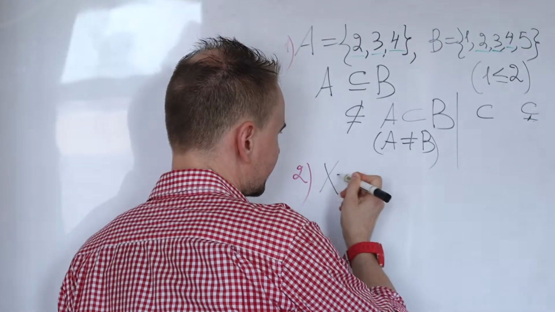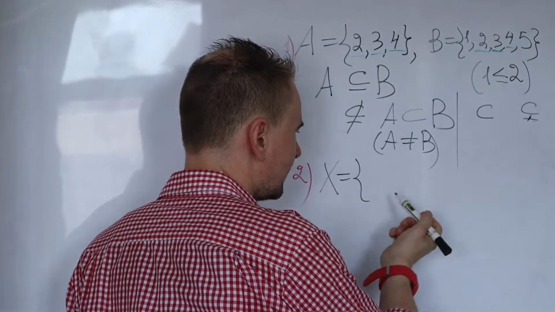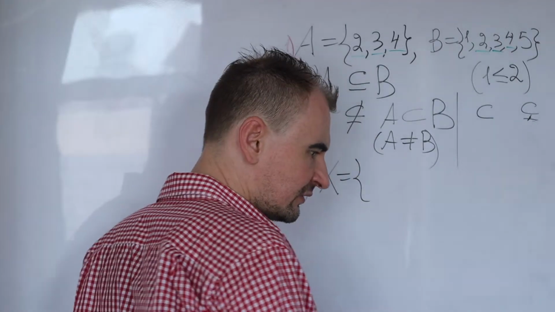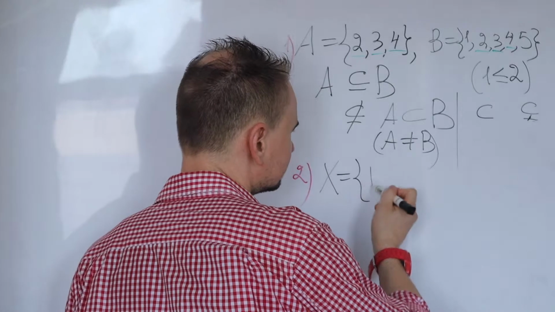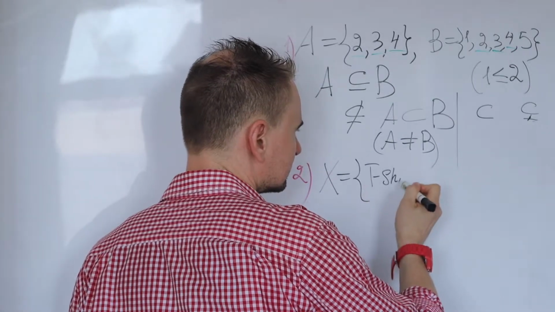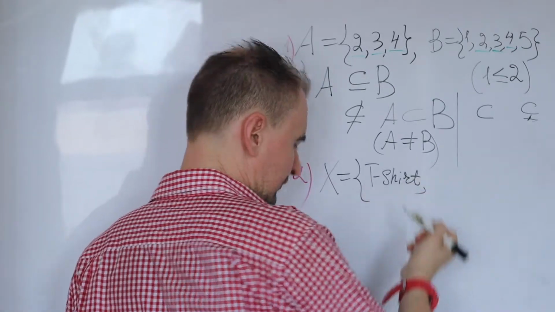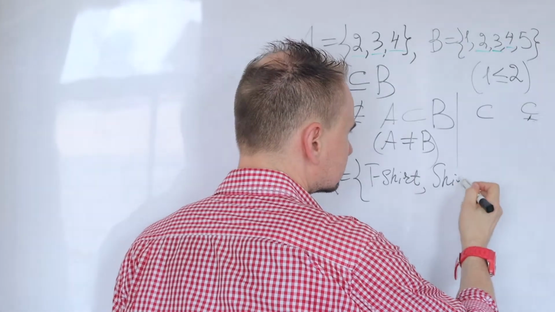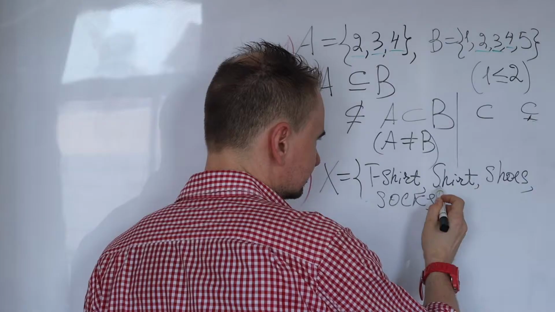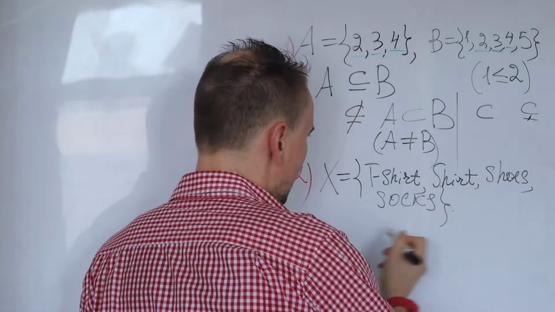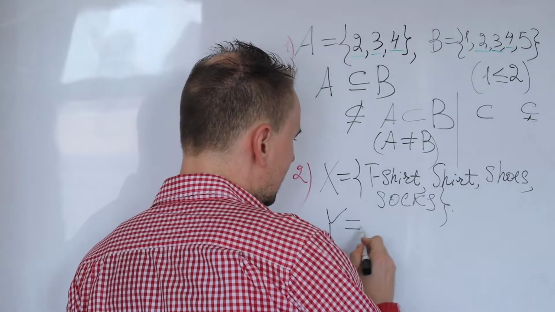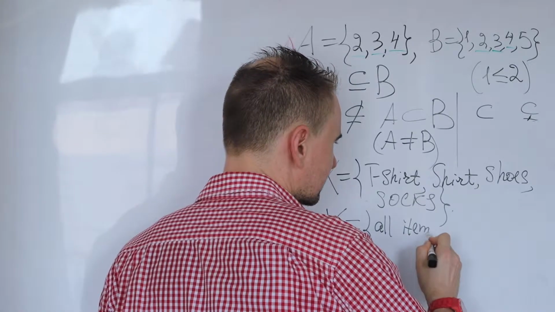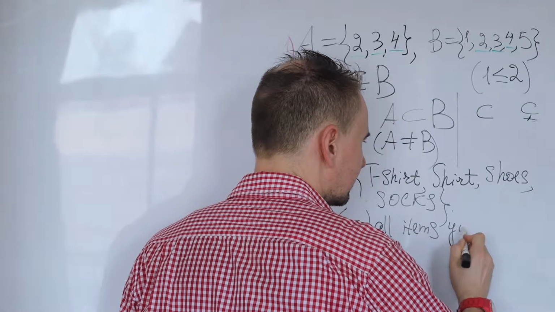Say X is a set that contains the following elements. I'm wearing a t-shirt now. I'm also wearing this shirt. Now let's say Y is all items you wear.